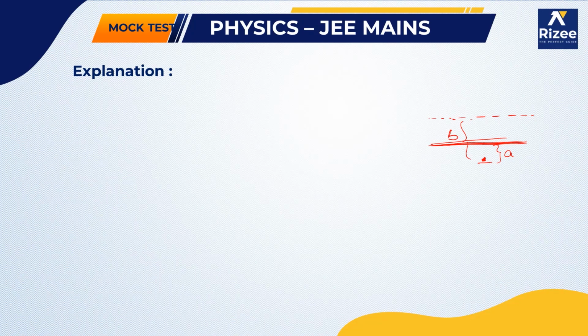From the upper surface of the liquid, the mark gives a reading of B.